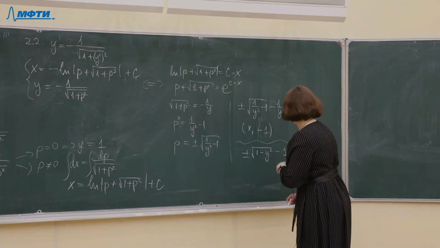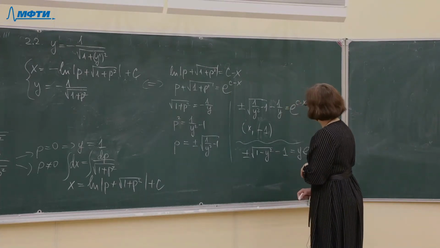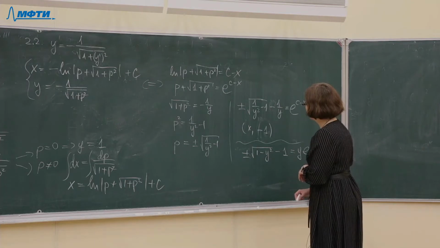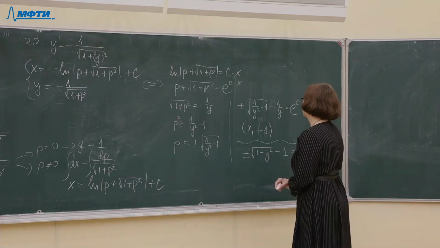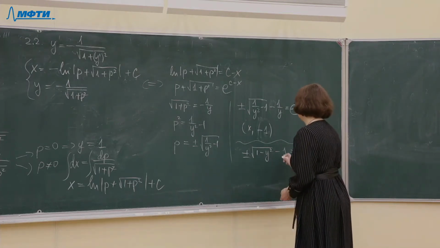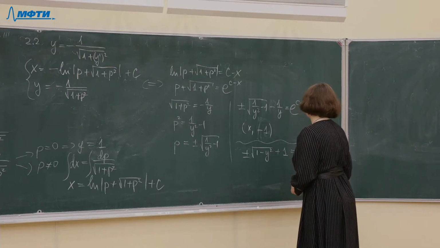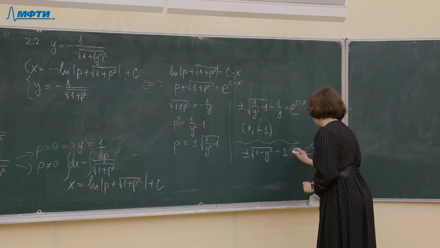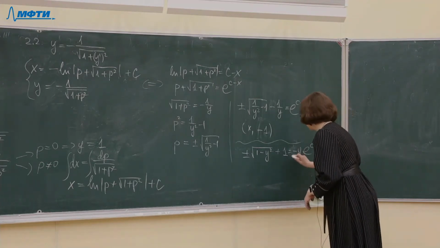If y is positive, but if y is negative, then we must multiply by, so it must be plus, right? I think it's this minus y. Oh, just the same, I think.